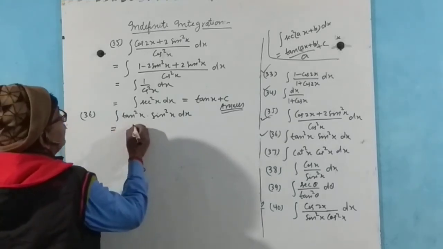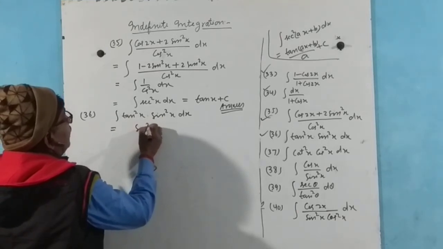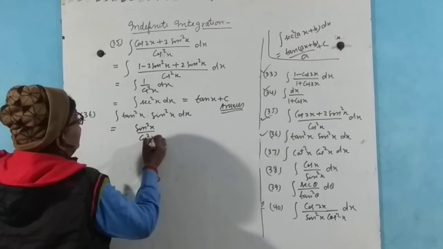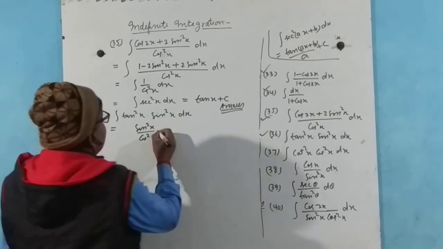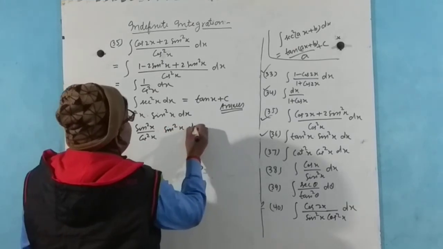This can be written as sin square x by cos square x into sin square x dx.